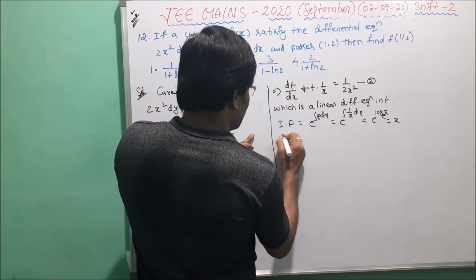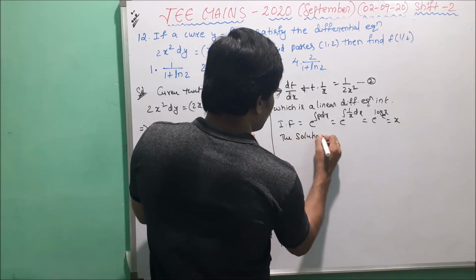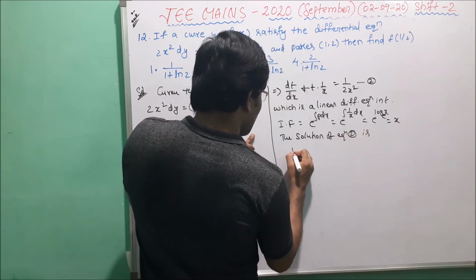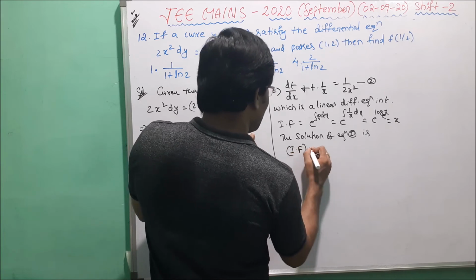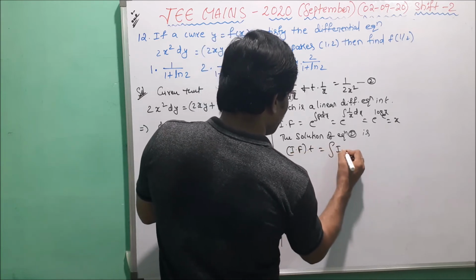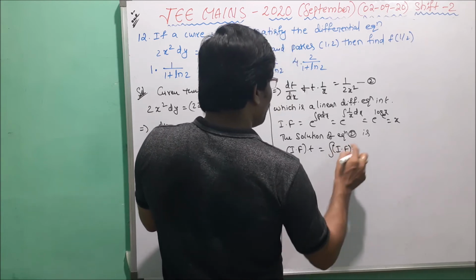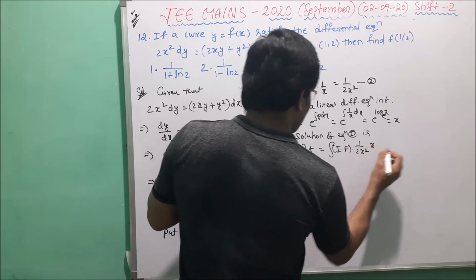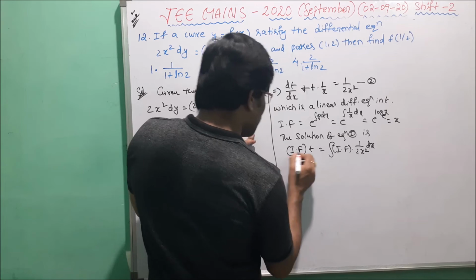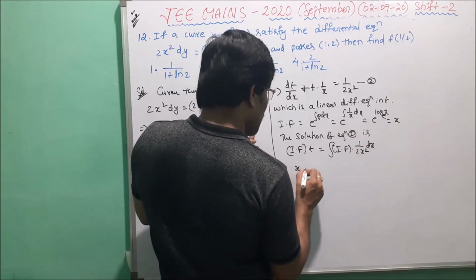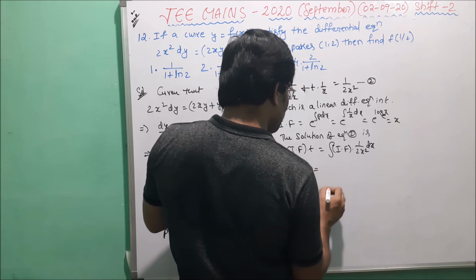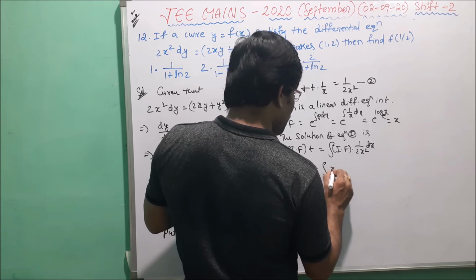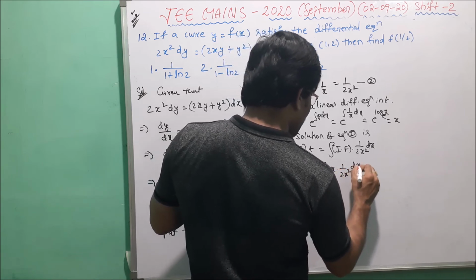Now the solution of equation 2 is integrating factor into t equals integral of integrating factor into Q dx. Q means the RHS value, 1/(2x²), and the integrating factor is x. So x into t equals the integral of x into 1/(2x²) dx.